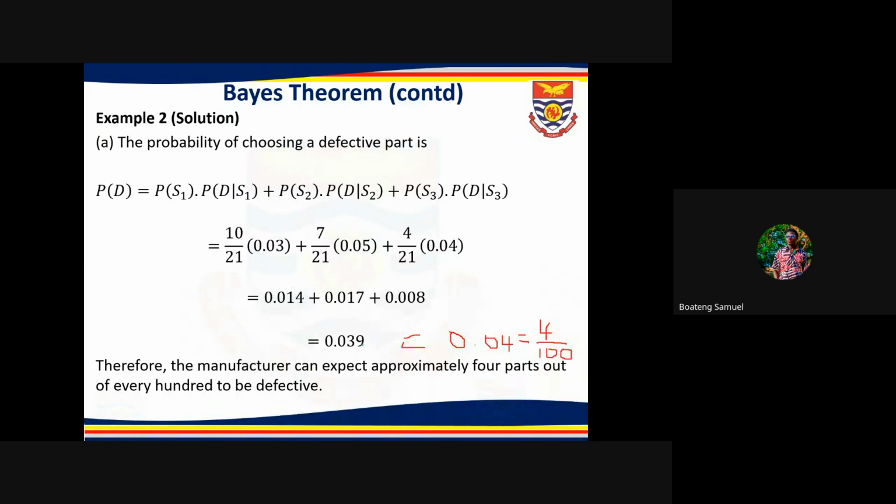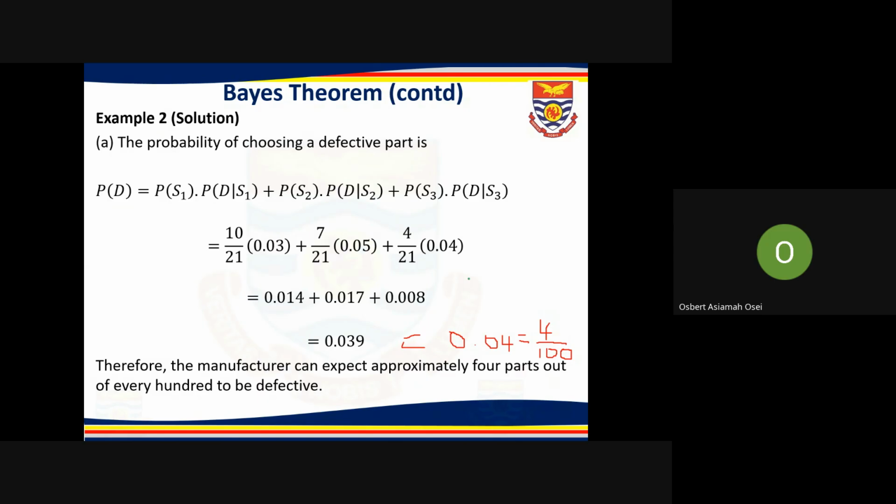Sir, I thought we were going to add only the probabilities of defective for the suppliers, that is 0.03 plus 0.05 and 0.04, but not multiply by their respective probabilities of supplier one and the rest. Yes, you ought to multiply by the probability of those suppliers.